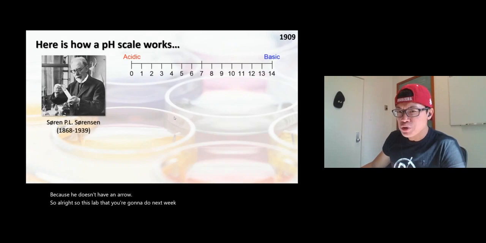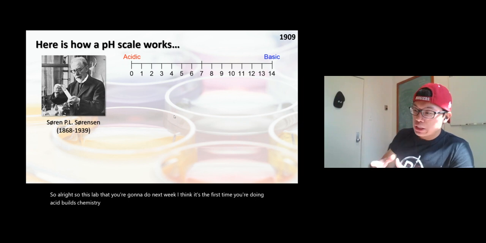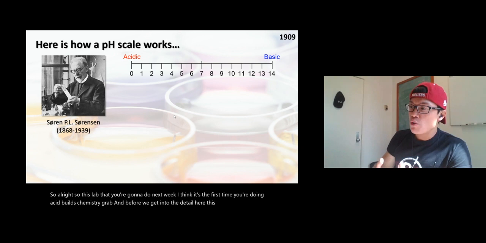Anyway, all right, so this lab that you're going to do next week, I think it's the first time you're doing acid-base chemistry. Before we get into the detail, this is the background concept that you need to know.